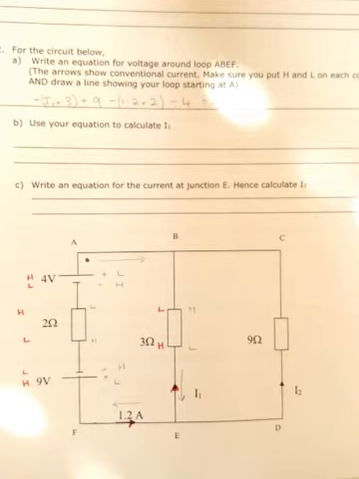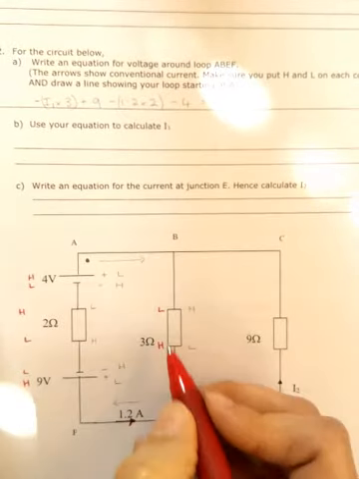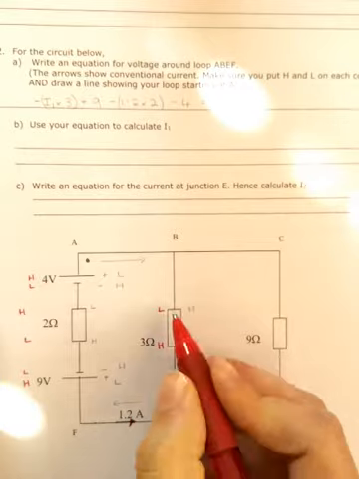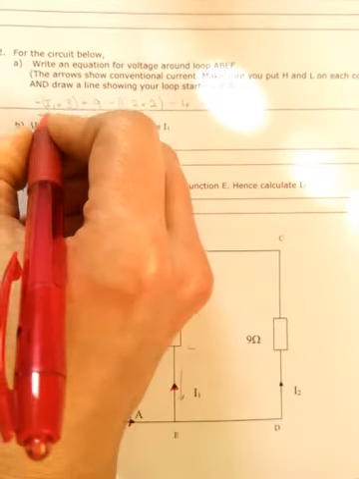So if we're writing our loop equation now, as we're going through here, we're going to be coming up here, we're going high to low still, because we're going with conventional current this time. So we're still going to have minus times by 3.